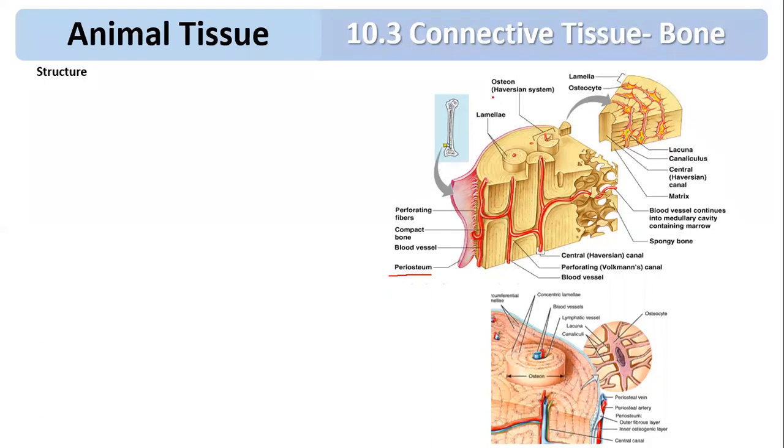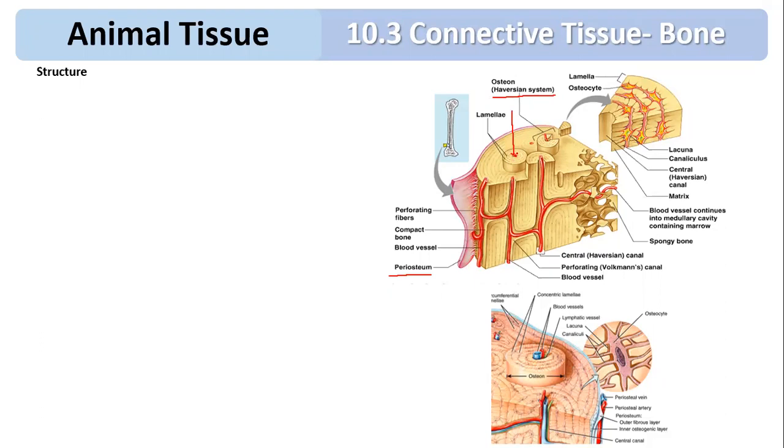Now, the Haversian system has two parts. One part is in the center, which is called Haversian canal. You can see this portion over here.